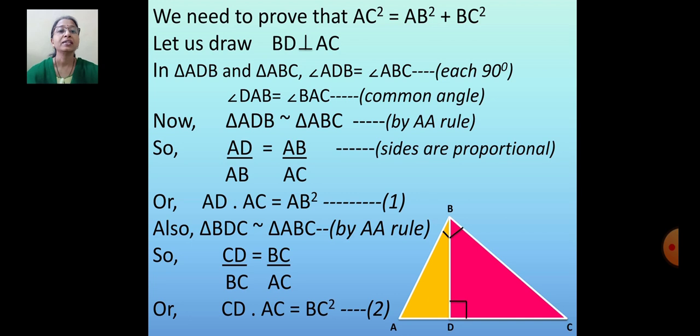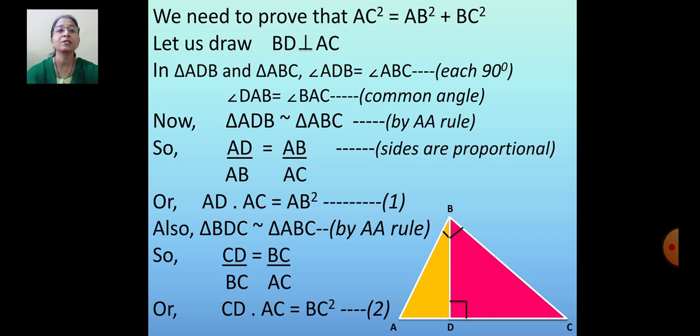Also, angle DAB is equal to angle BAC, same angle, only the names are different. So angle A is common in both the triangles. Therefore triangle ADB is similar to triangle ABC.